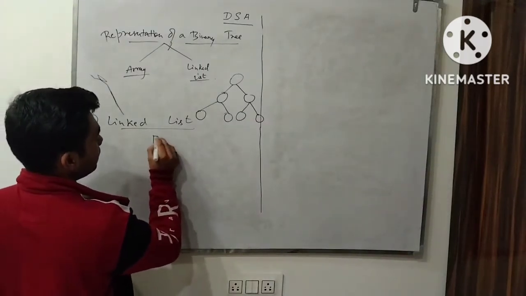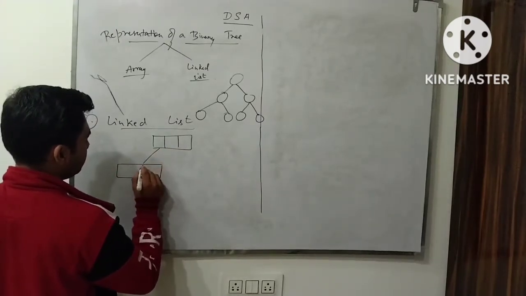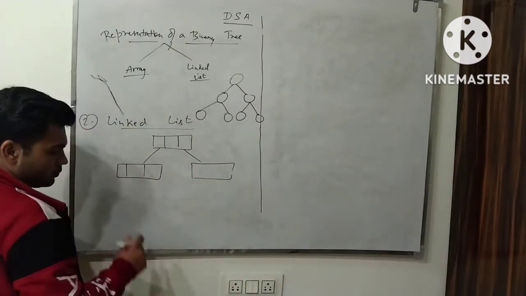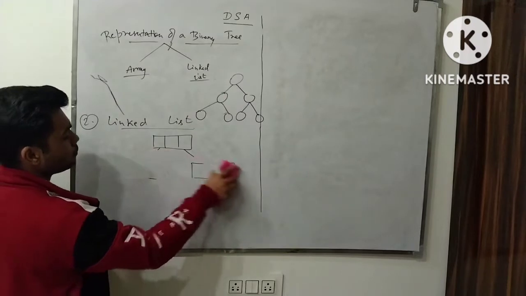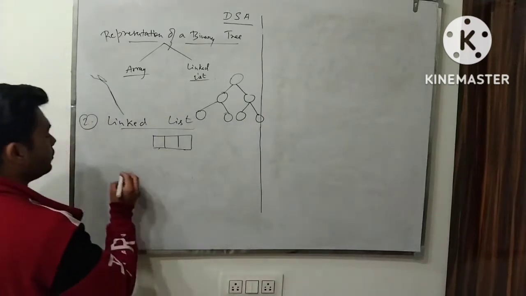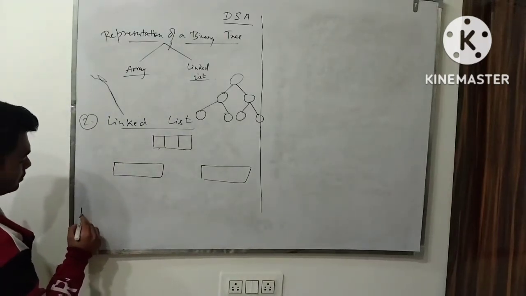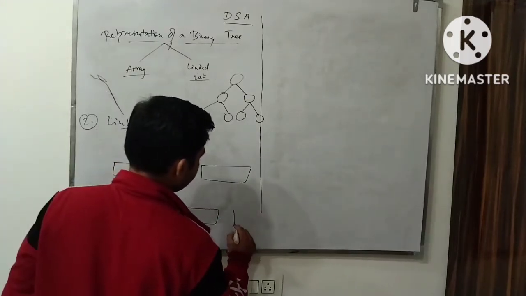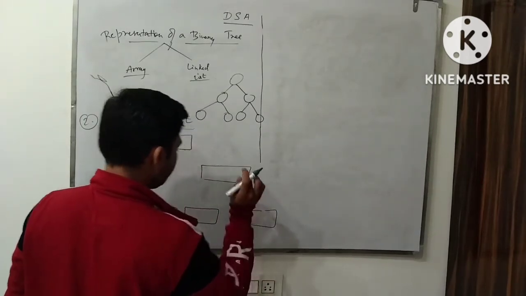Let's see here. It's the root node. First of all I am drawing all the nodes here, then we will link them all together.